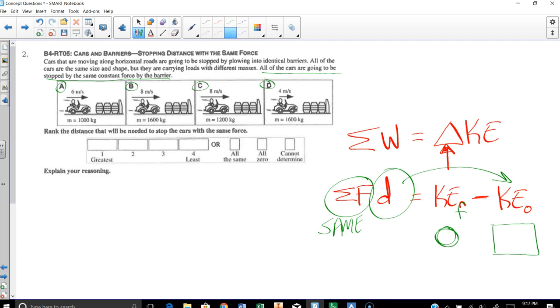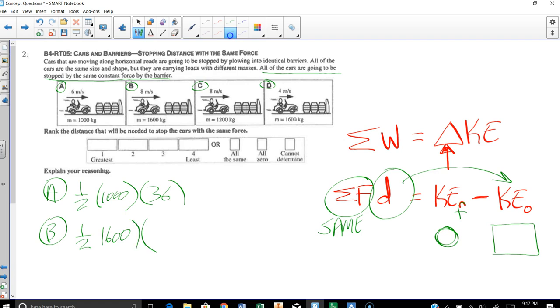So we have to go through and get a kinetic energy for each of these. I'll start you off, but after that I'll leave you to it. For letter A, I have 1/2 times 1,000 times v squared, which is 6 squared, that's 36. For B, I have 1/2 of 1,600 times 8 squared, which is 64.